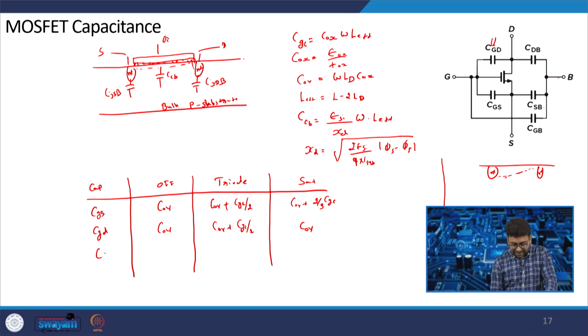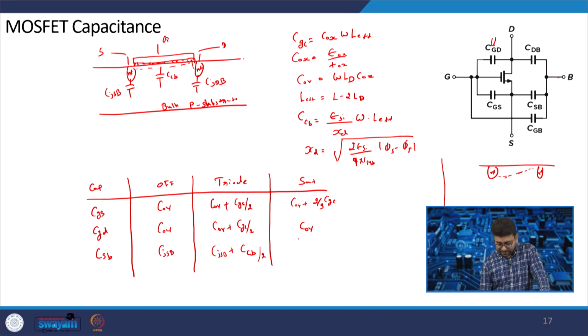Then there is CSB, source to bulk. In source to bulk, CJSB will dominate, and in triode the same capacitance CJSB comes, plus CCB, the channel to bulk capacitor, by 2.